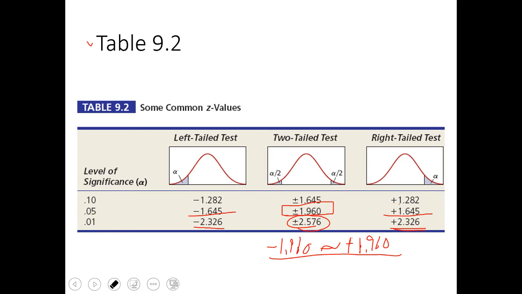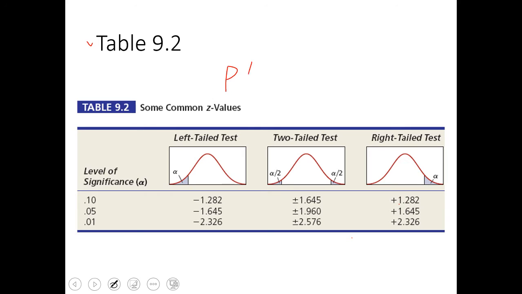make the probability that our z statistic is less than minus 1.282 equal to 10%.